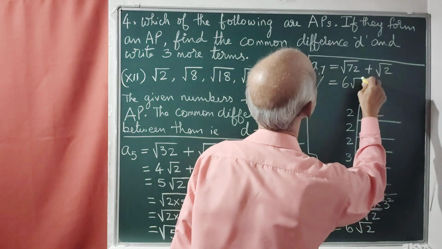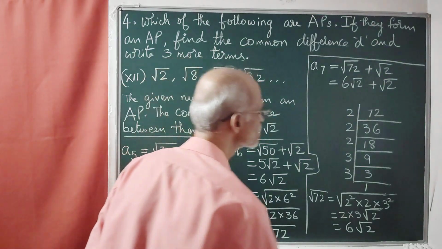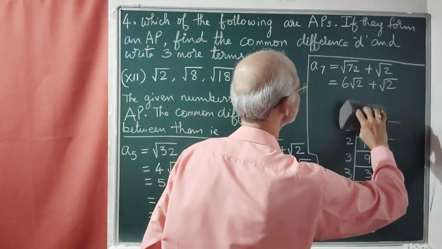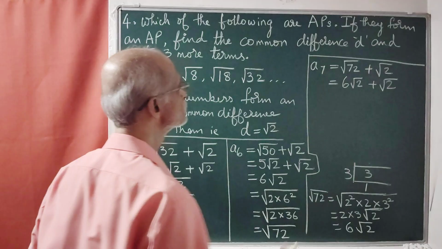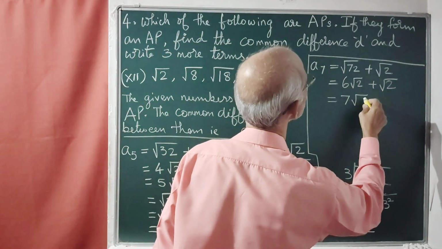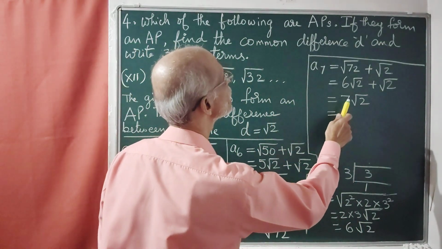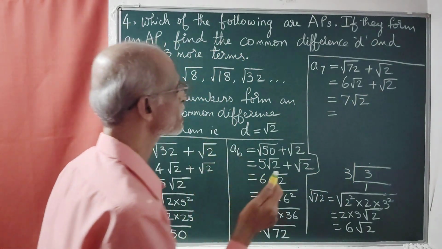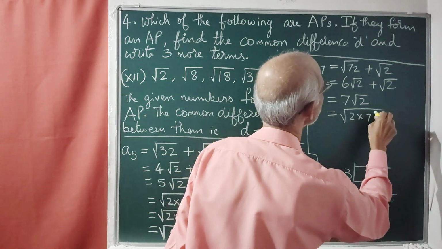6 root 2 plus root 2, we get 7 root 2. Now I'm going to take the 7 inside the root. If I take 7 inside the root, it will become 7 square. So we'll get root of 2 into 7 square.